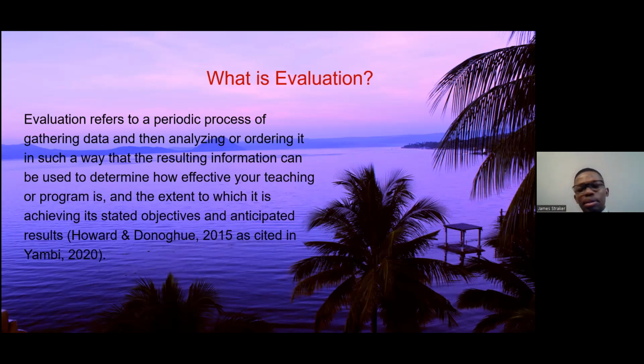So like I alluded to earlier, it's about comparing. The simplest way I can put it is comparing the outcome with the learning intention. So what you intended initially and what you get out, and now we make a judgment as to what extent or how worthy the information is.